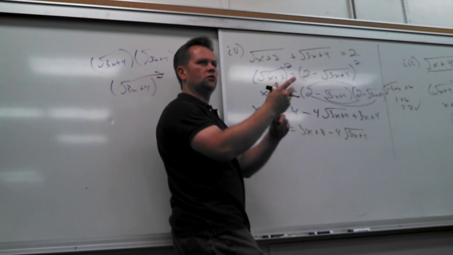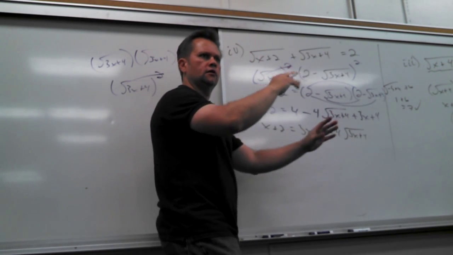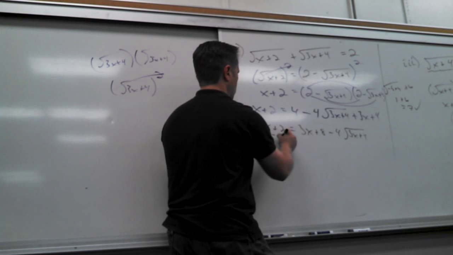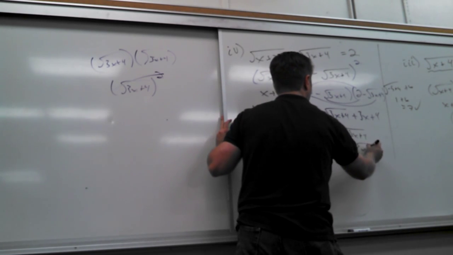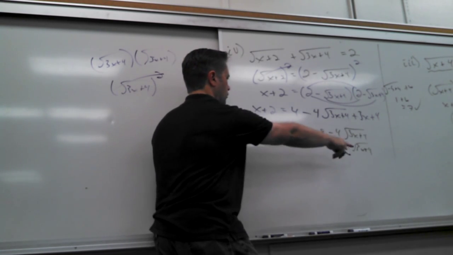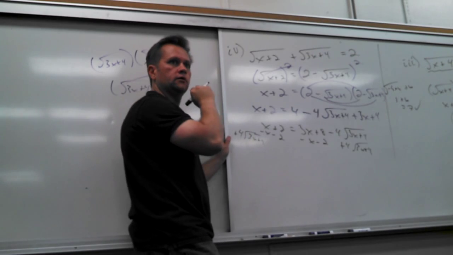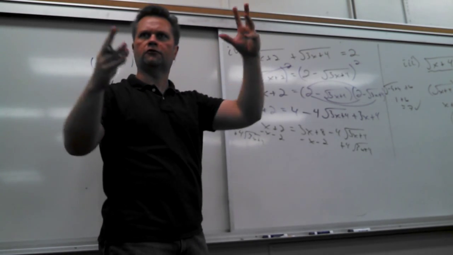A slightly better thing to do, you see, if I just add this over, I don't get all these negatives. If I subtract the x and the 2 and add these 3x plus 4s over here, I get my radical on one side and everything else on the other side, right? Then I don't get everything as negative. If you do it the other way, everything's negative, it gets a little freaky.